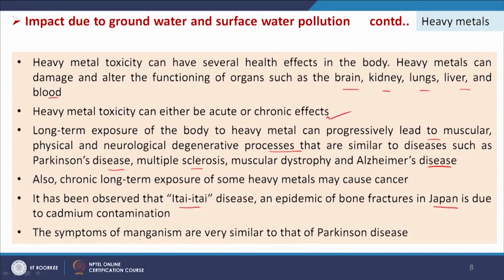Also, chronic long term exposure to some heavy metals may cause cancer. It has been observed that Itai-itai disease, an epidemic of bone fractures in Japan, was due to cadmium contamination, and the symptoms of manganism are very similar to Parkinson's disease because of manganese.